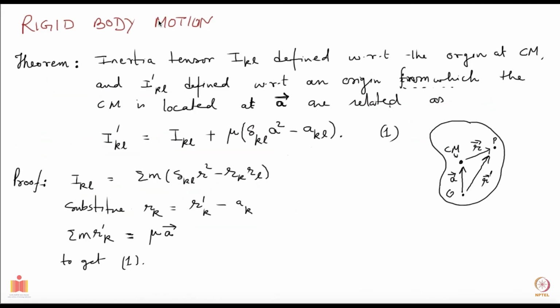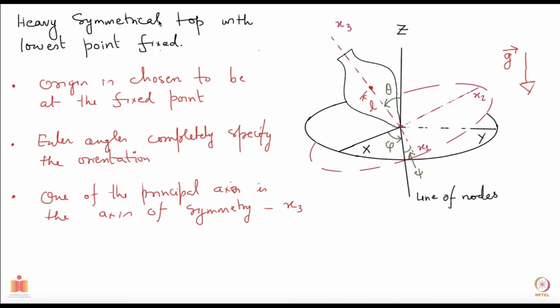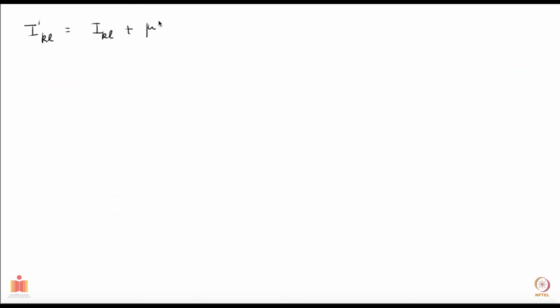As we have seen, our I prime KL will be given by I KL plus mu, not mu square, it's mu, times delta KL A square minus AK AL.